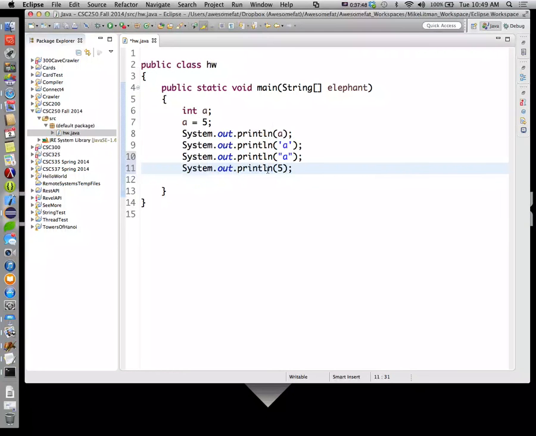And that becomes the difference between these 4 lines. This is a variable. Variables resolve to their value. That guy has a value of 5. This is a literal. Literals resolve to their value; they're already their resolved value. So this is the char value A. Println knows how to print out chars. This is the string value A. This is the literal 5, the int value 5.